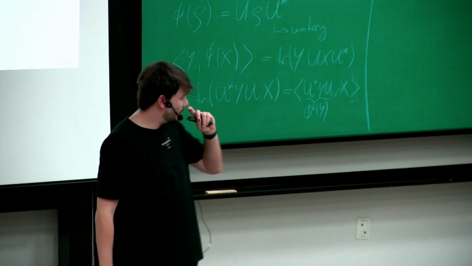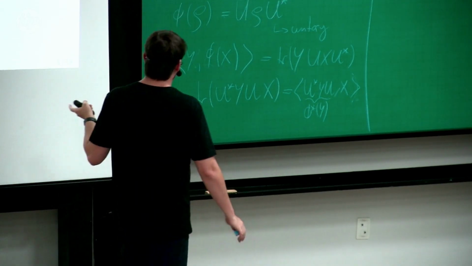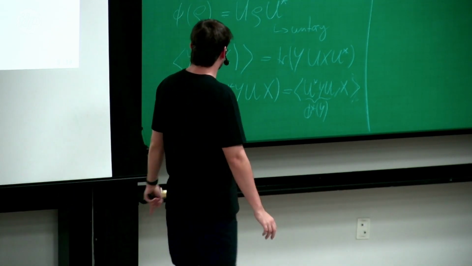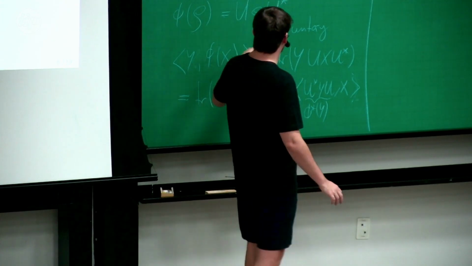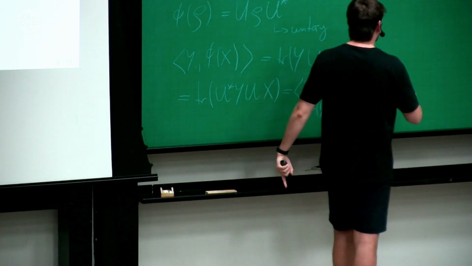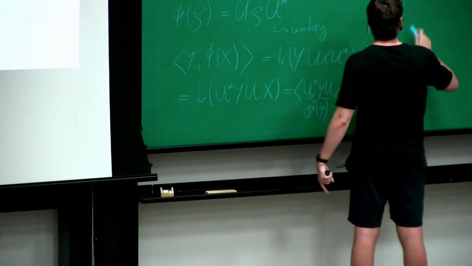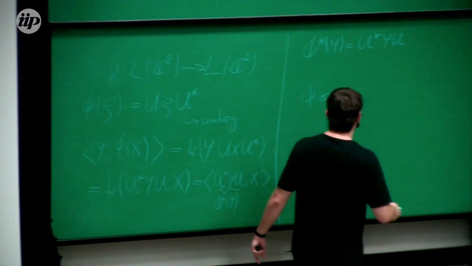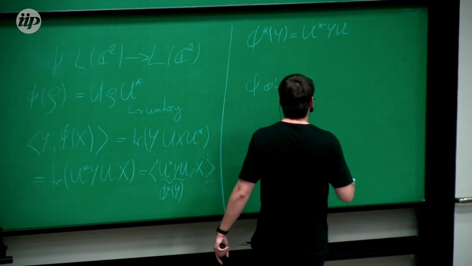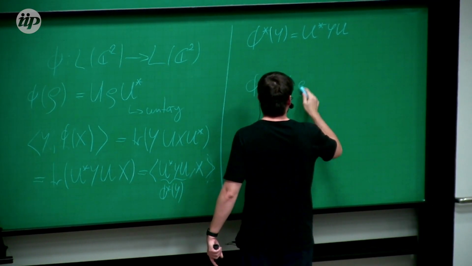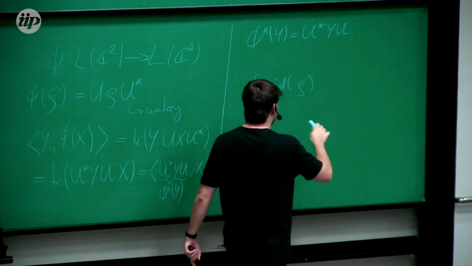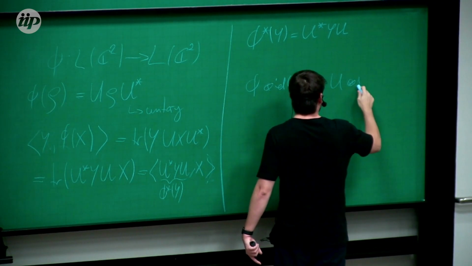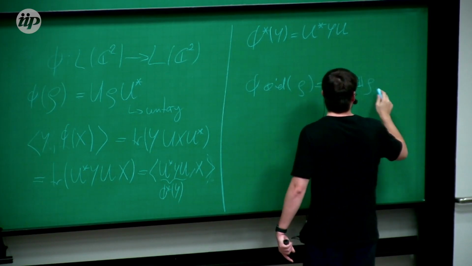Okay, and then maybe just the CP part. This is also a completely positive map. Why is that? Well, if I now look at what happens when you apply this tensored with the identity map on, let's say, some state rho, this is just conjugating with this identity.